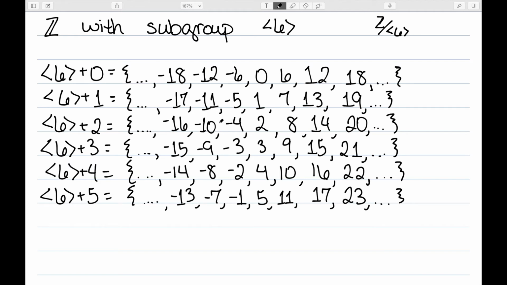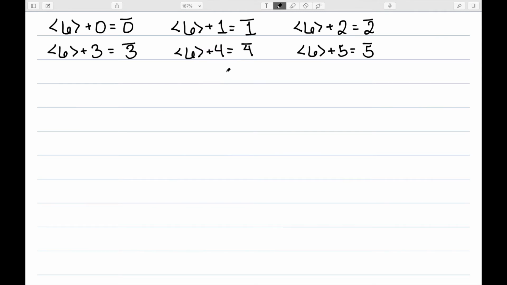Since I don't want to write down these really long cosets every time I want to deal with them, let's look at some kind of notation to denote these to make them a little bit easier. So I'm going to denote each coset by the number I added with a bar over it. This shows me that I can reference the number that I'm adding to easily determine which coset I'm talking about.